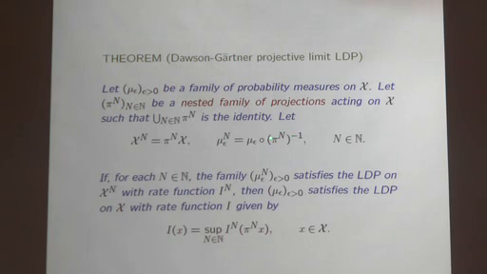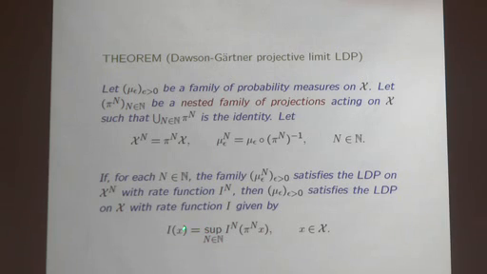Okay, and the theorem says if I know that for every value of n, this projected family satisfies an LDP on the projected space with some rate function that depends on the projection label, then the original process out of which you have gotten these projections must satisfy an LDP.